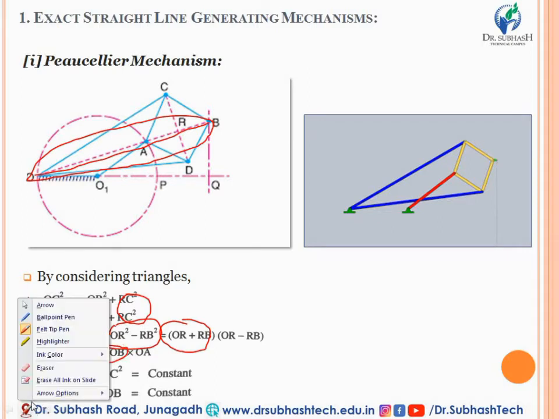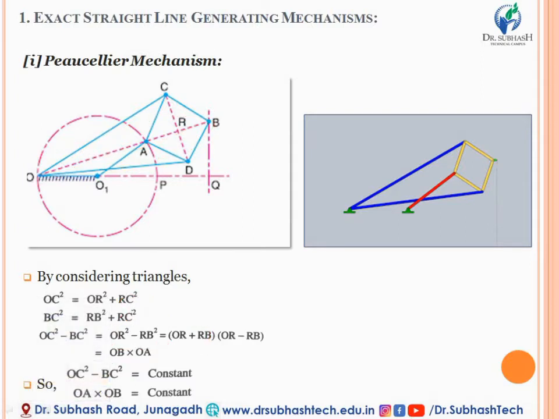Similarly, you can also replace the term OR minus RB. Suppose you look at the Peaucellier mechanism again, and you subtract the value of link RB from OR, ultimately you get OA.